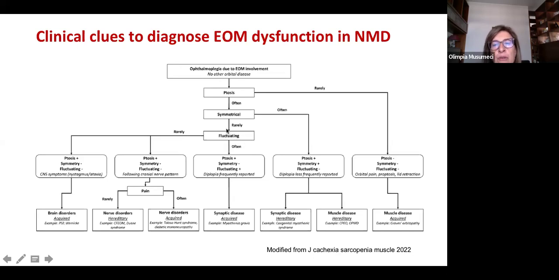If it's fluctuating, think of a neuromuscular junction dysfunction, but if it's symmetric, progressive, not fluctuating and without pain, of course, consider muscle disease, and particularly PEO due to a mitochondrial dysfunction or a condition such as oculopharyngeal muscular dystrophy.